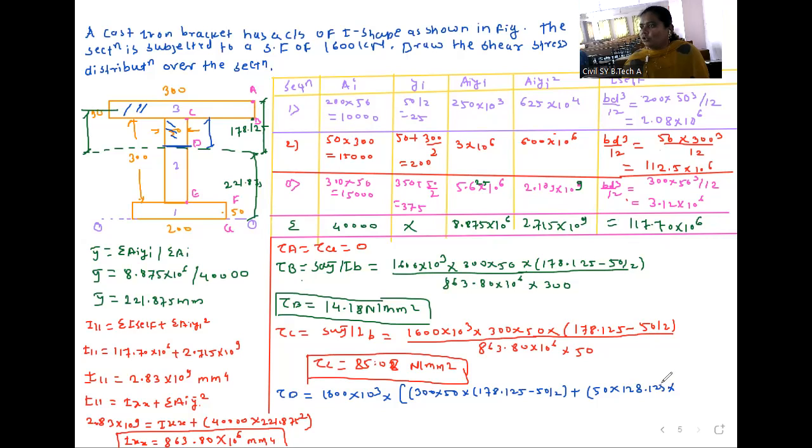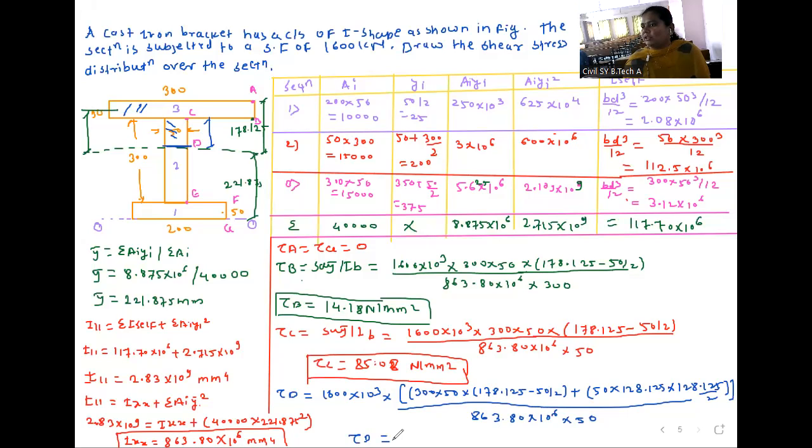128.125, and into centroid, which is 128.125 divided by 2, then divided by moment of inertia 863.80 into 10 raised to 6 into width, which is 50.